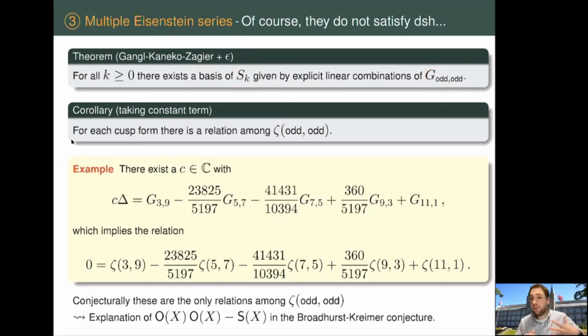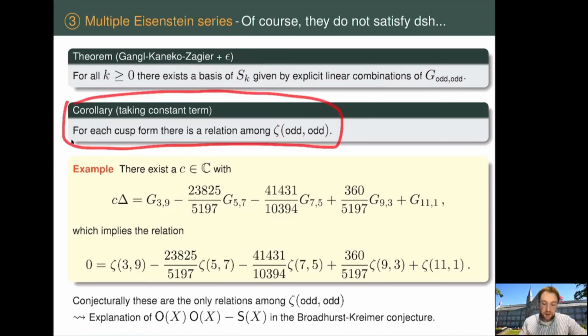So every cusp form I can write as a linear combination of these double Eisenstein series where both entries are odd. And therefore, if I look at the constant term, cusp forms have no constant terms. Therefore, I get a linear combination of zeta odd odds. So therefore, as a corollary, we get for each cusp form a relation among zeta odd odds.